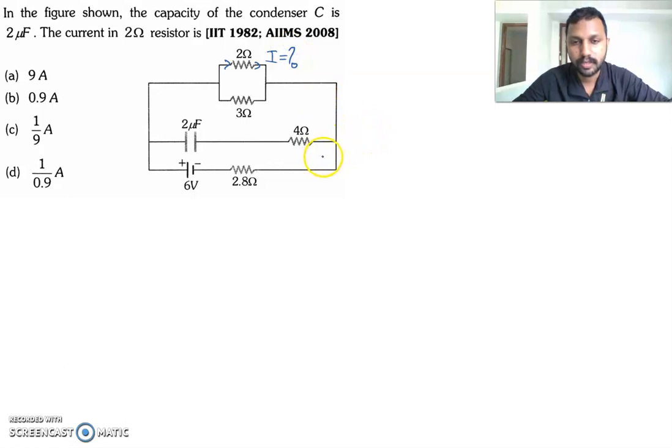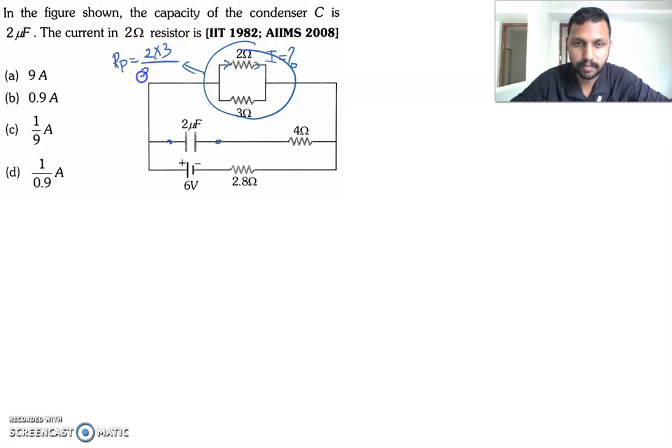In order to find the current in the 2 ohm resistor, let's assume that this circuit is in steady state. At steady state, this capacitor will behave as a short circuit. Therefore, what is this combination's effective resistance? It will be R1 R2 divided by R1 plus R2, that is Rp is equal to 2 into 3 divided by 2 plus 3, that is 6 by 5.